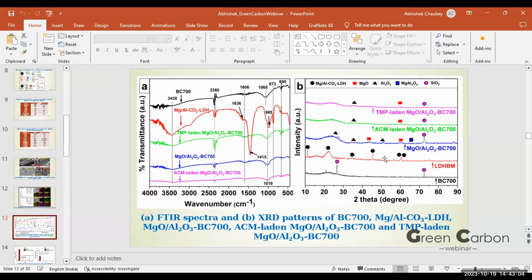After pyrolysis, it got converted into magnesium oxide and aluminum oxide, and the amount of silica got reduced. After the sorption of pharmaceuticals like ACM and TMP, these phases become very minute or vanish. It means the deposition of pharmaceuticals is there. That's why we are getting this.